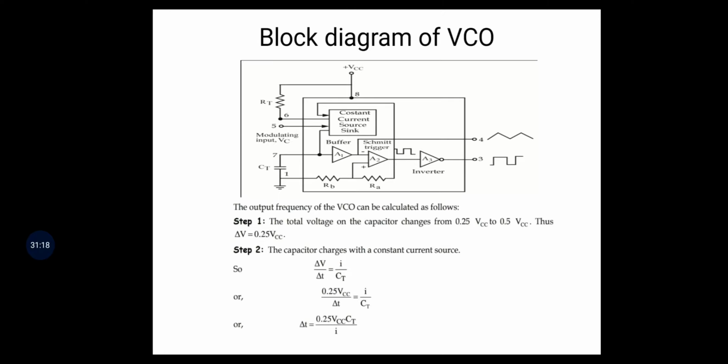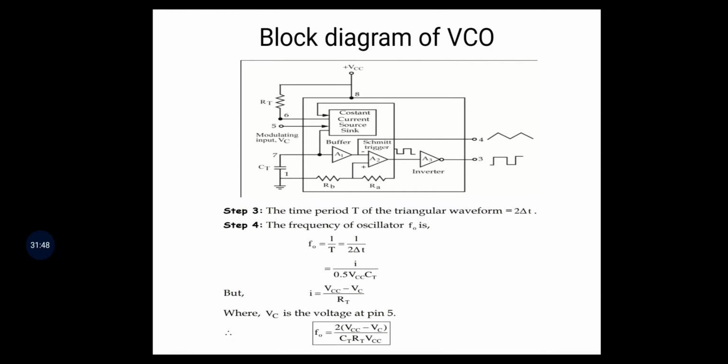Here the delta V value is 0.25 VCC, so 0.25 VCC divided by delta T equals I by Ct. Delta T is equal to 0.25 VCC times Ct divided by I.